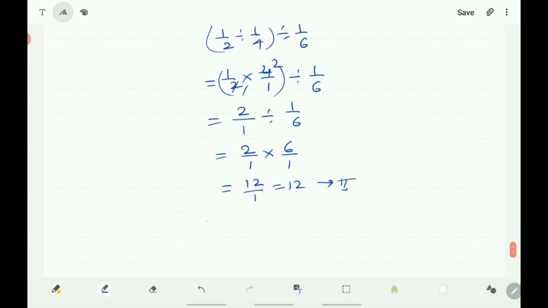See the first and second. You know that 1 by 3 is not equal to 12.